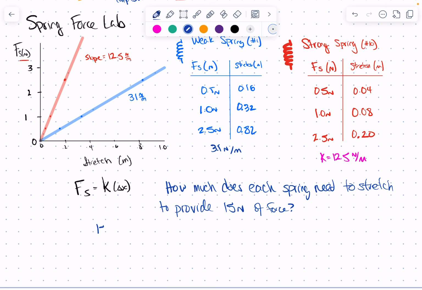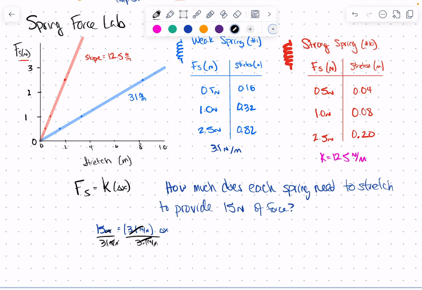So in order to do this, let's start with the light spring here. We have 15 newtons of force. We know that the spring constant is 3.1 newtons per meter, and we want to find our delta x, how much stretch we have to do. So we will divide each side by 3.1 newtons per meter. Newtons per meter cancels out, newtons cancels out, and so we will have 15 divided by 3.1.